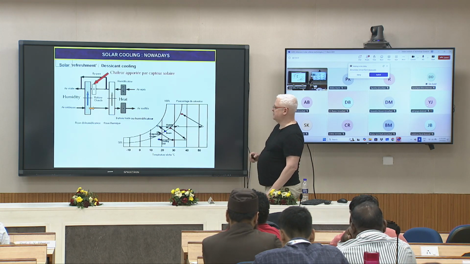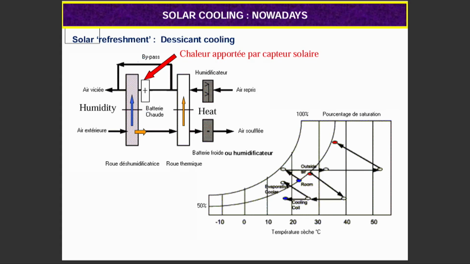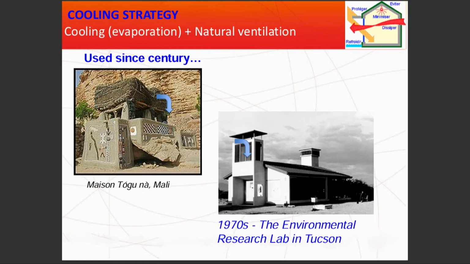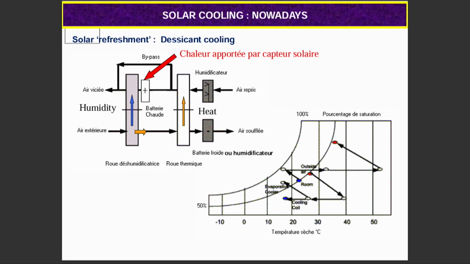I like this phenomenon. So in reality, we will deal with this system. It is the implementation of this principle in an HVAC system. So how is it working? As I told you, here you have the house, or the building.